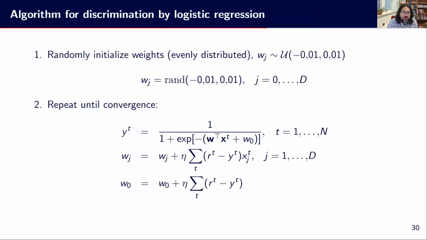We use values uniformly distributed in the range minus 0.01 to plus 0.01. And we repeat until convergence: the estimation of first the YT, which is basically the sigmoid over the linear model for all samples. And from that, we update the WJ that way, and update the W0 that way here, and repeat this on the samples along the way.